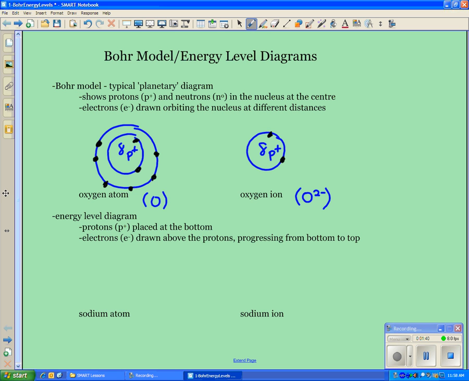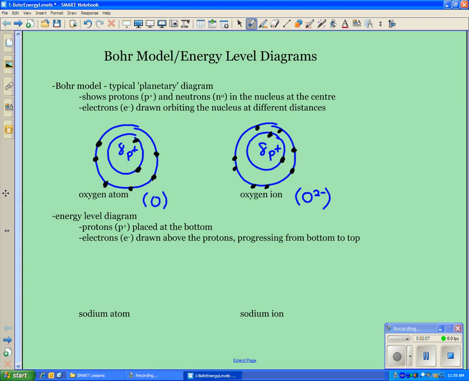But this time in the outer energy level, instead of just having 6, we have 8 electrons. So a total of 10 electrons for the entire diagram means 8 protons and 10 electrons, an overall charge of 2 minus.